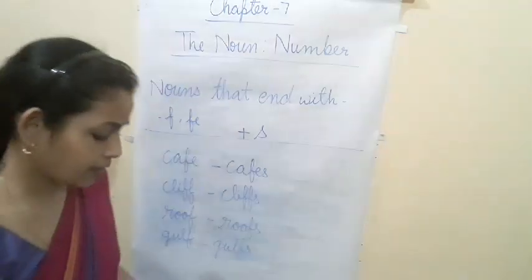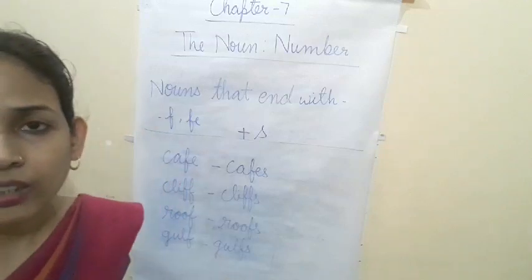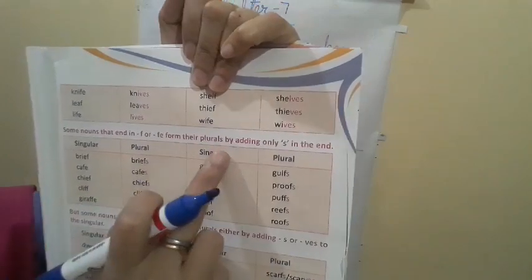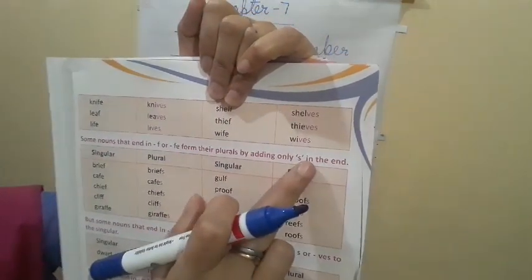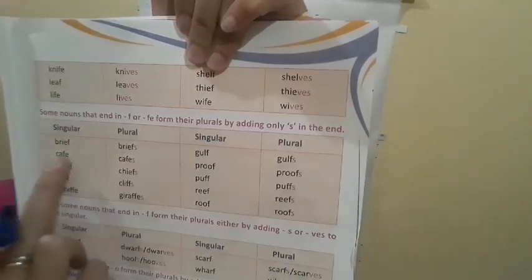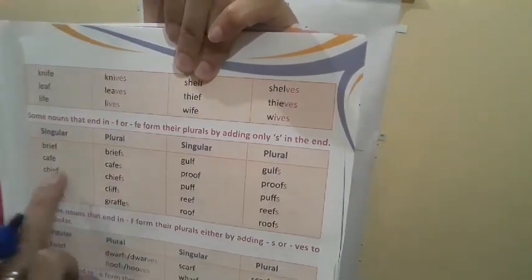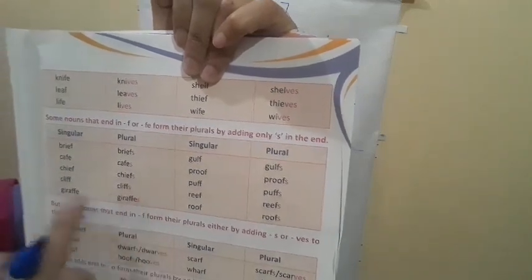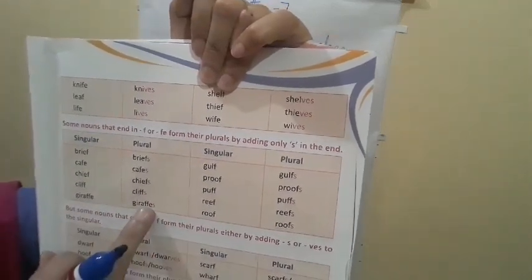In some cases, on page number 29, just see. Some nouns that end in f or fe form their plural by adding only s at the end. For example, brief, briefs. Cafe, cafes. Chief, chiefs. Cliff, cliffs. Giraffe, giraffes.